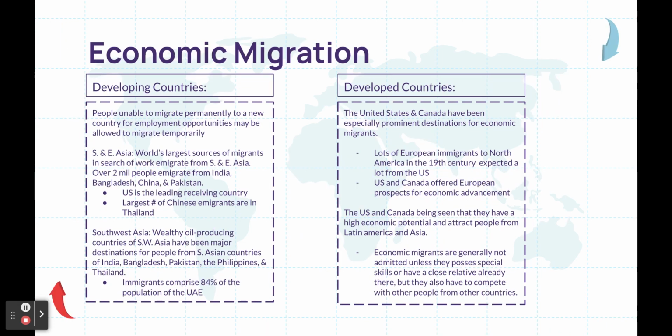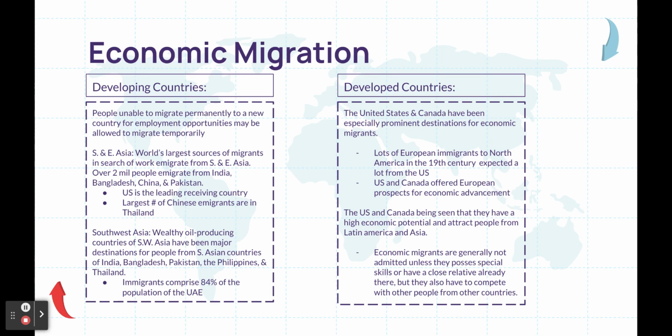Economic migration. In developing countries, people who are unable to migrate permanently to a new country for employment opportunities may be allowed to migrate temporarily. South and East Asia are the world's largest sources of migrants in search of work.